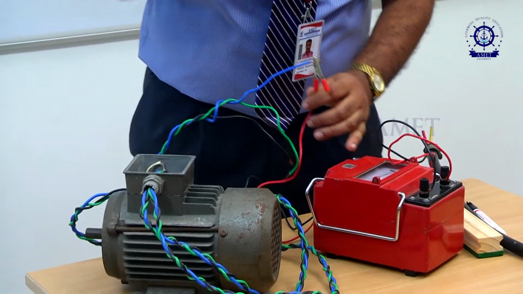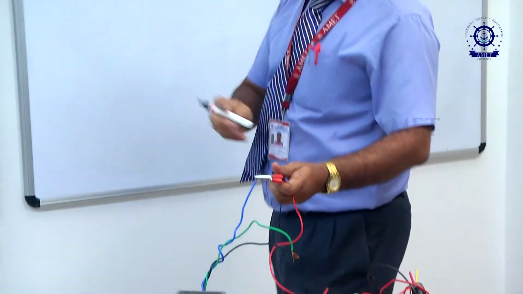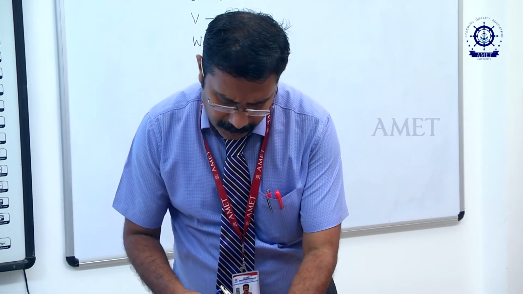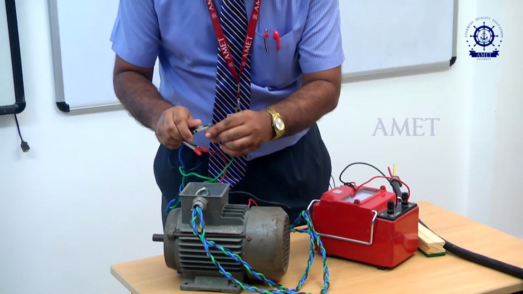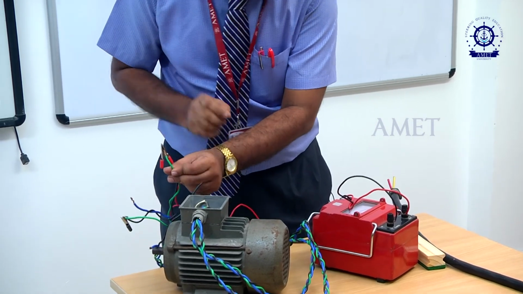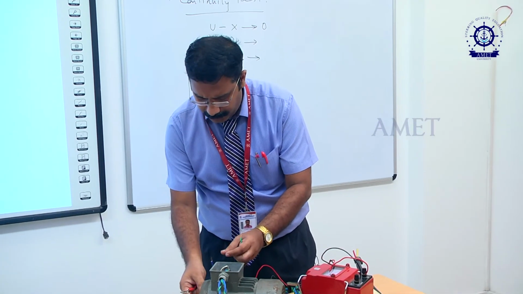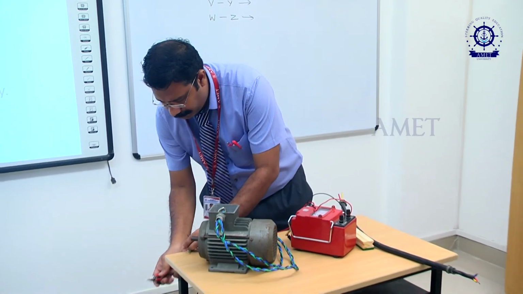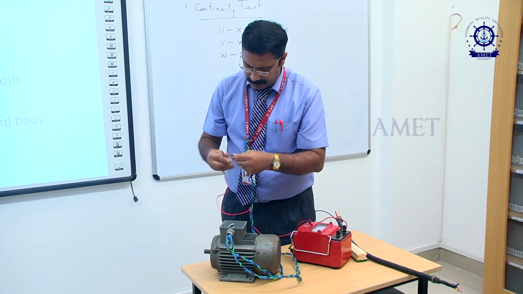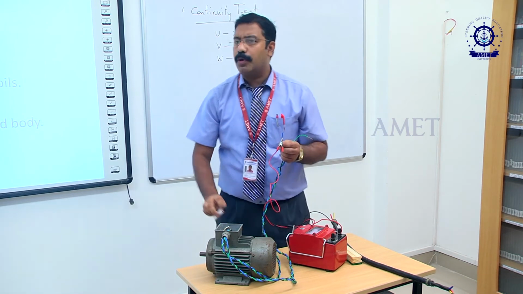See, it's measuring 0 ohms. Therefore for UX it's 0 mega ohm, and for the green wire here also it's showing 0 mega ohm, and for the black wire, or B phase, the resistance is also 0 mega ohm.